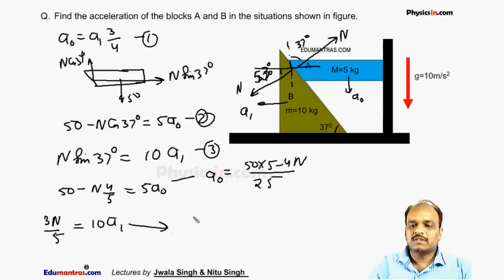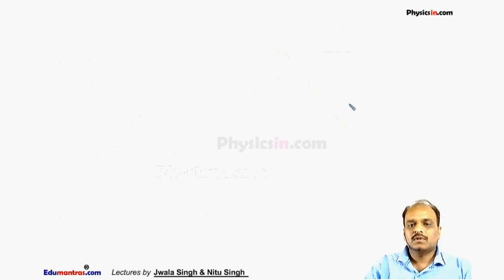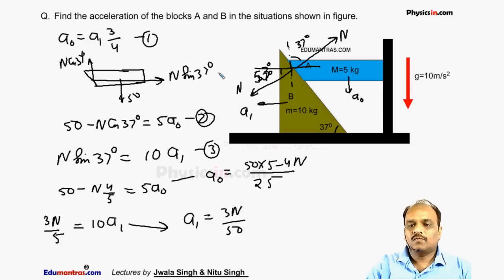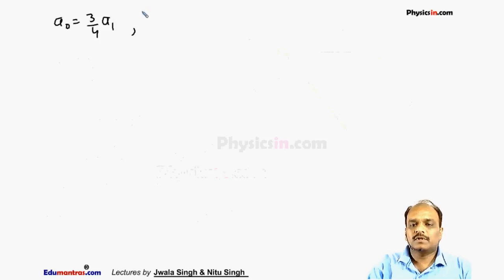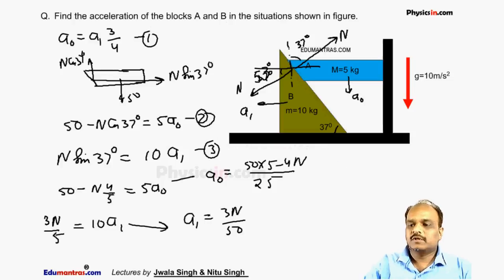In the same way, a1 is equal to 3N by 50. Now we substitute these into a naught equal to 3 by 4 into a1, where a naught is (250 minus 4N) divided by 25, and a1 is 3N by 50.